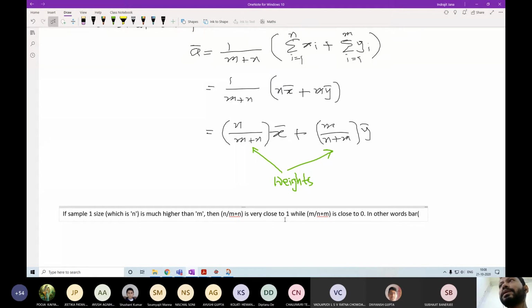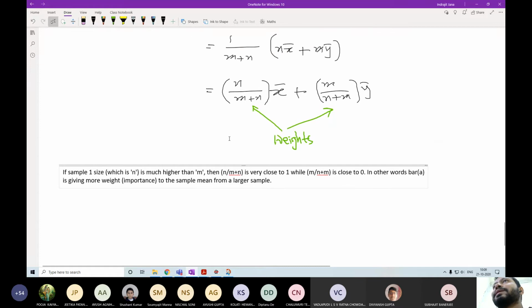This quantity a bar, the combined sample mean, is given more weight or importance to the sample mean from the larger sample, which is also intuitively fine, right?